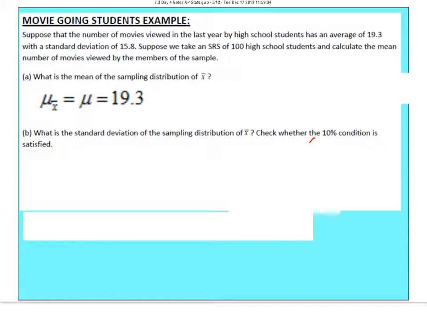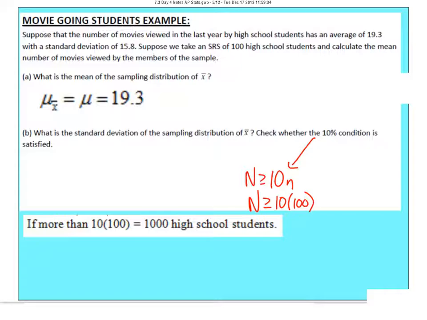Now in part B, what's the standard deviation? Be careful, before we can actually state the standard deviation, you must check that 10% condition. The 10% condition here again is our population greater than or equal to 10 times our sample size. So if we have more than 1,000 high school students, it's independent.